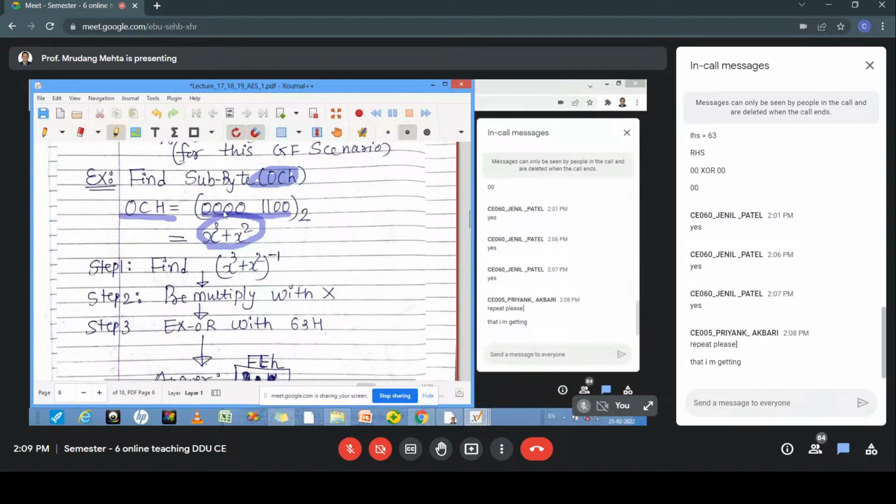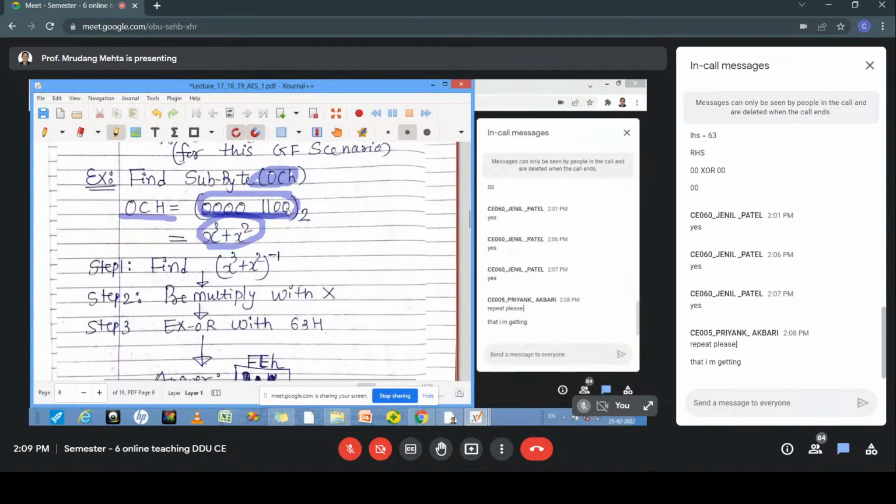So 0000, and C is 1100. Now we have to represent this binary as a polynomial. This is a very important step, although it is easy, but you should understand it. So what are these bits?